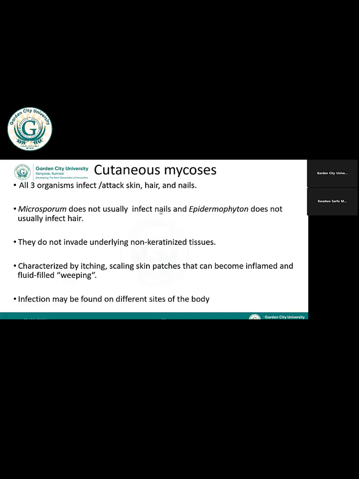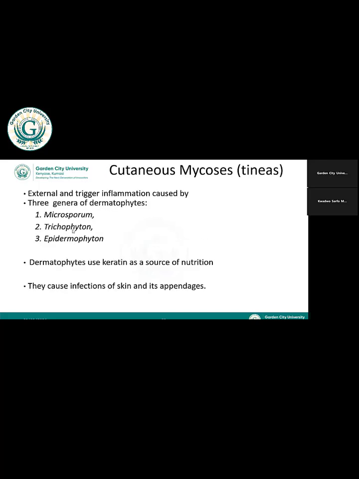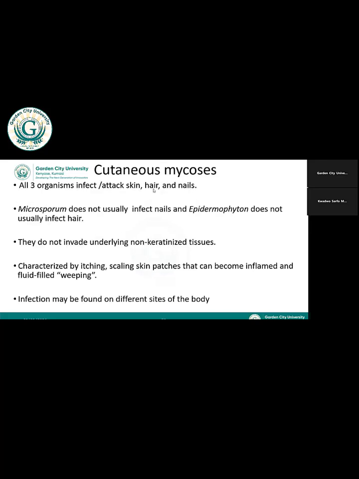So you can have Microsporum infection of the skin and then the hair, but not the nails usually. On the other hand, Epidermophyton will infect the skin and the nails. They don't usually infect the hair. But the other group, Trichophyton, infect the skin, the hair, and the nails.